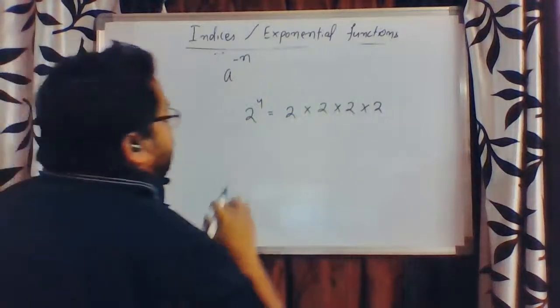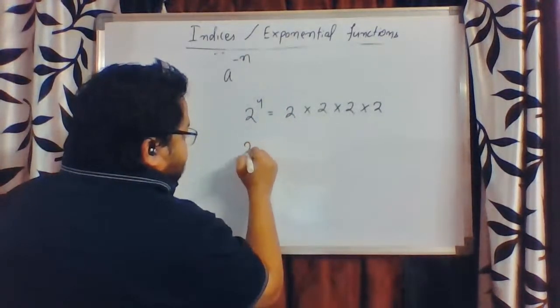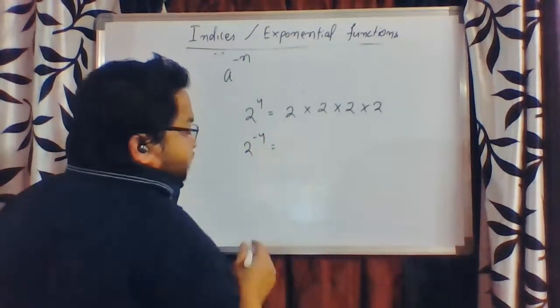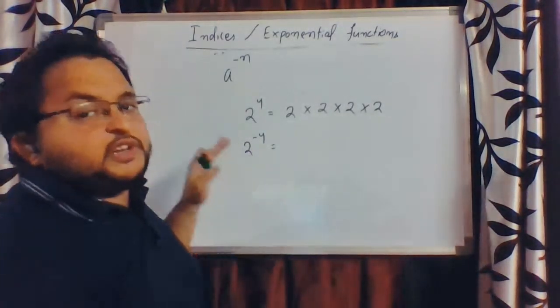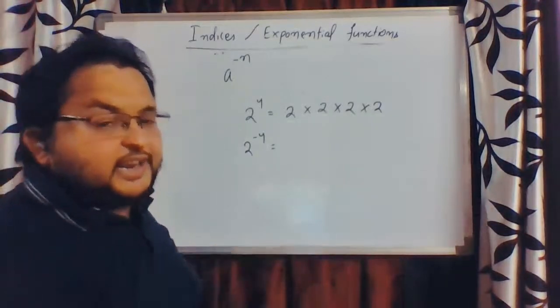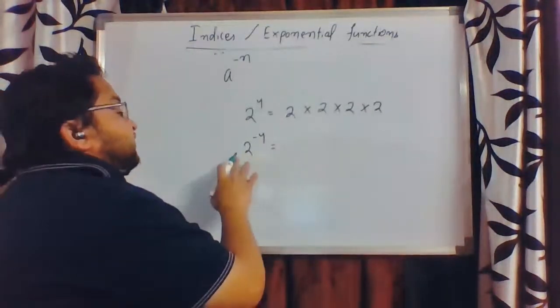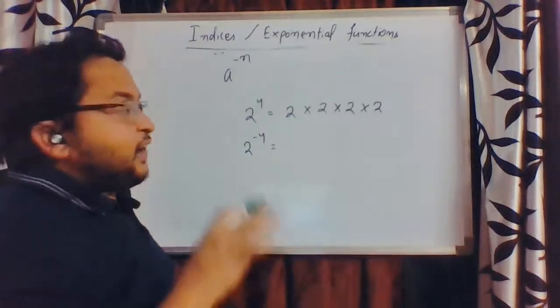Now if someone says 2 to the power minus 4, the question is whether this is right or wrong, whether it's defined or not defined. And the answer is yes, this is defined in mathematics. And how is it defined?